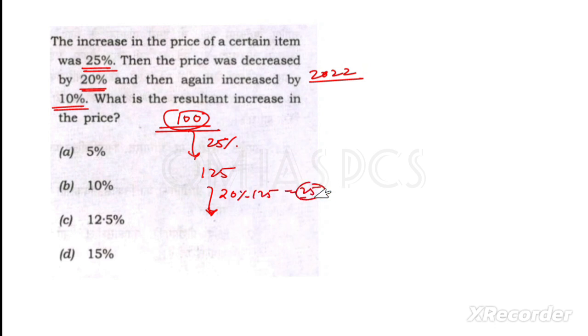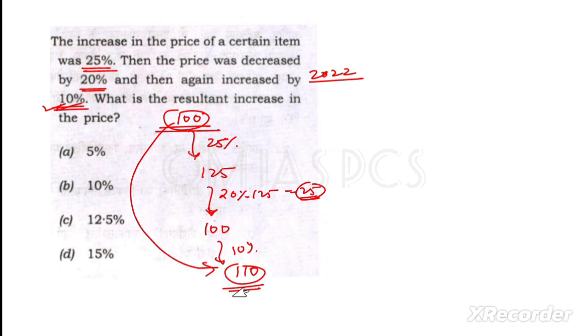Subtract this 25 from 125, so again we get 100. Then again the price is increased by 10%, so it will be 110. So what is the final increment? From 100 to 110, comparing with respect to the initial value. The initial value is 100 and the final value is 110, so the resultant increase is 10 percent.